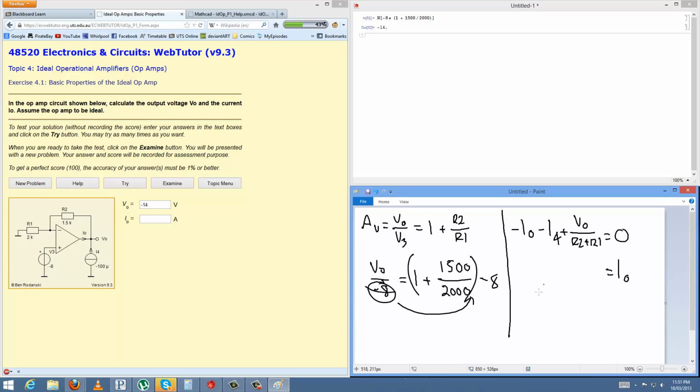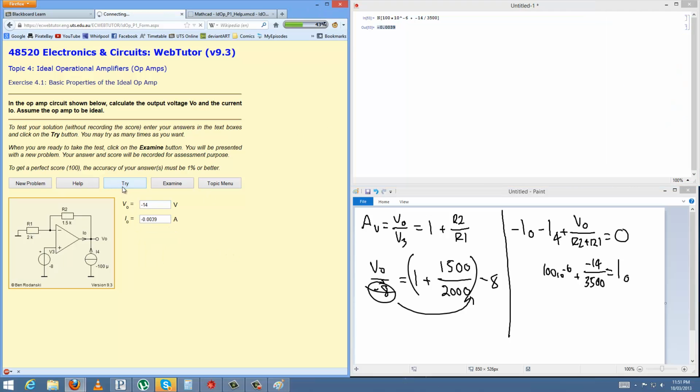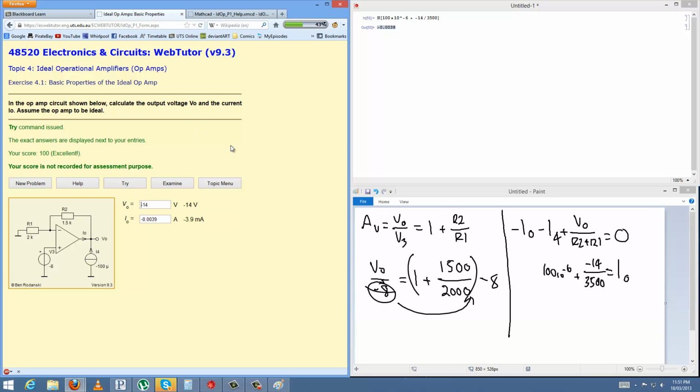Negative I4, so negative 100 micro. So it ends up being 100 micro plus -14 on 3500. And we'll calculate the current for that. And there we go, -3.9 milliamps. We go try, and full marks.